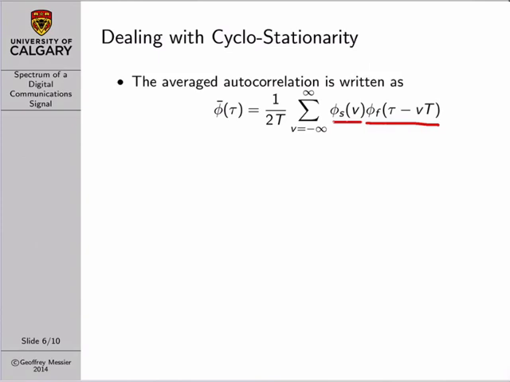Now remember, I'm not calling phi f an autocorrelation because the pulse shapes are not random. It's just a plain old correlation of two deterministic signals.